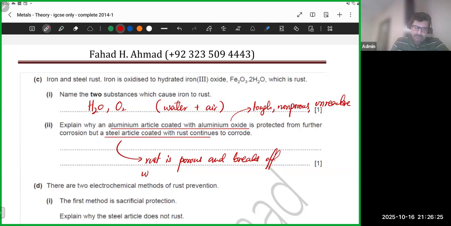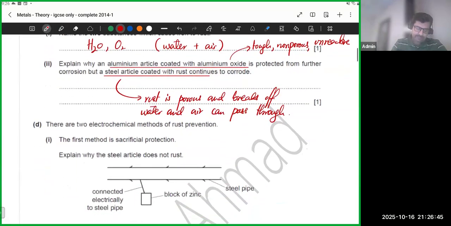So water and air can pass through it. It doesn't offer any protection or really coat it. It's very porous, so things can just get through it.